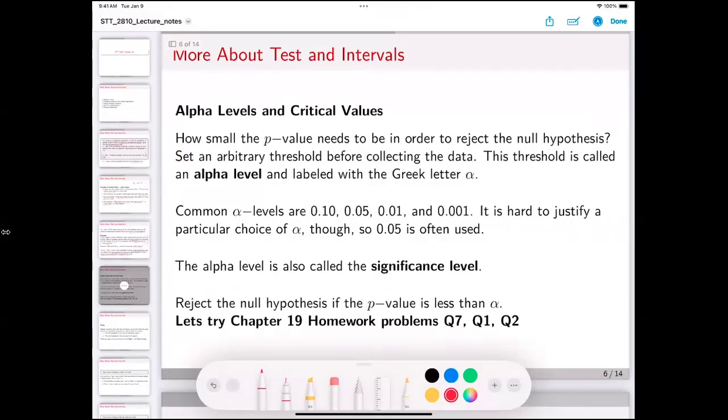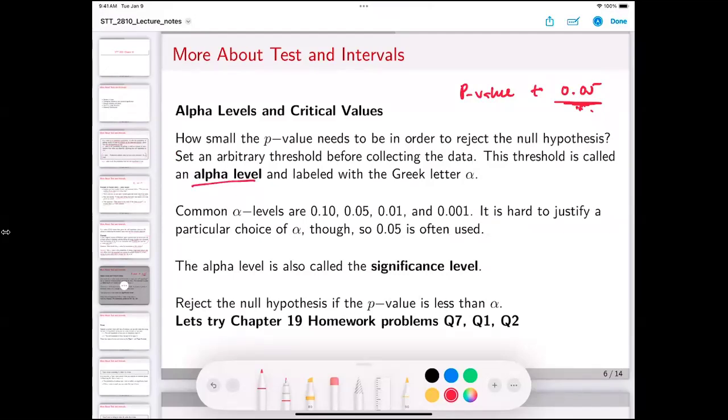Now we are going to talk about alpha levels. Remember in chapter 18, I gave you one trick that we are comparing the p-value to 0.05. Is that okay? So this was our baseline. This baseline value here is what we call the significance level or the alpha level.